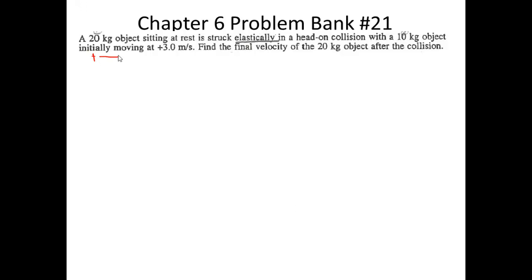We are given mass of the first object is equal to 20 kilograms. The velocity initially of the first object is equal to 0 because it is at rest. The mass of the second object is equal to 10 kilograms.